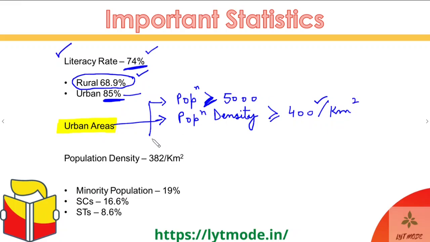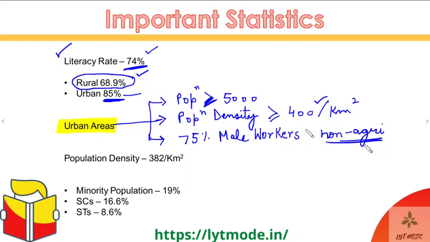And then the third criteria over here, this is again a very, very interesting criteria, guys. This criteria states that at least 75% of the male workers, not all the population, only the male working population, should be employed in non-agricultural employment.